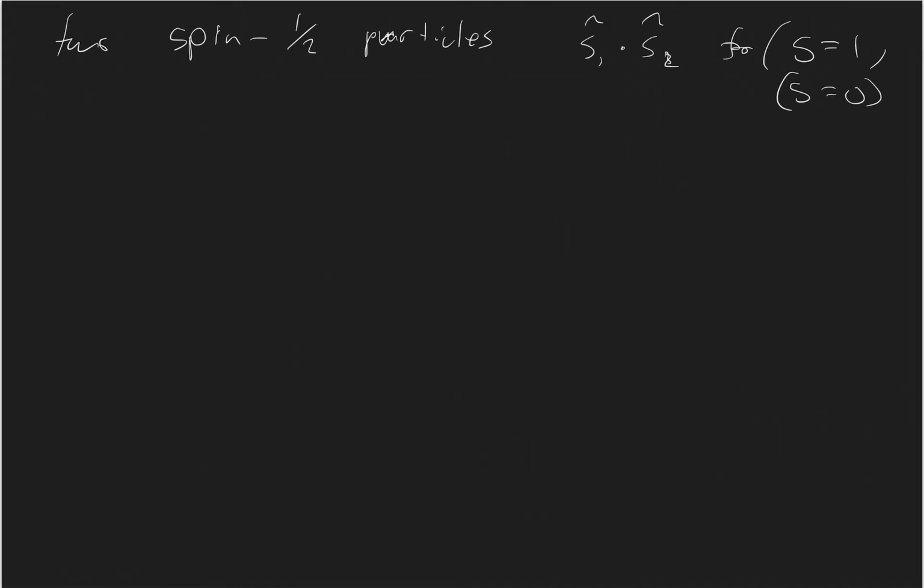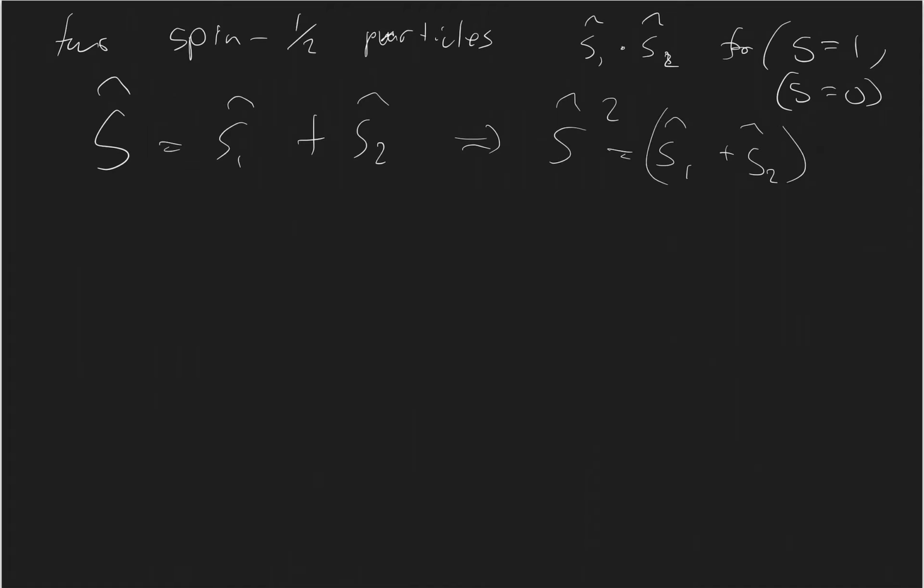So we use the relation derived from this law of cosines for operators. We can say that the total spin is the sum of their spins, and we have the square of it.